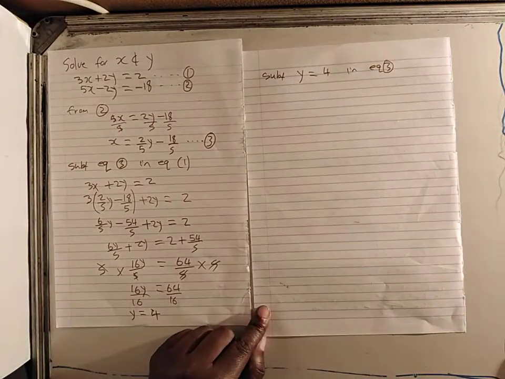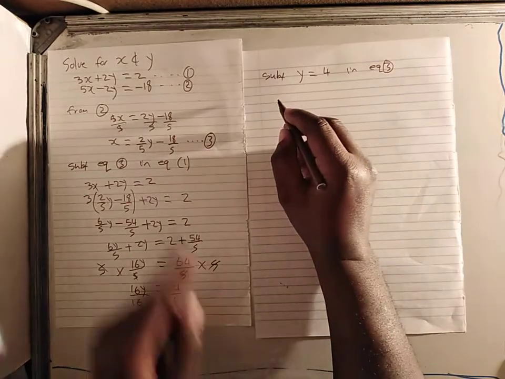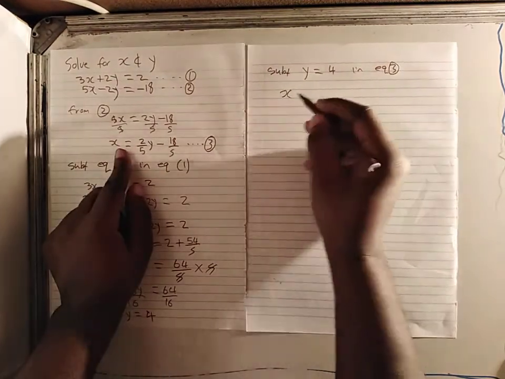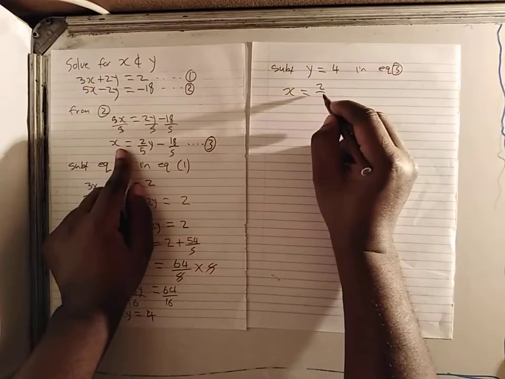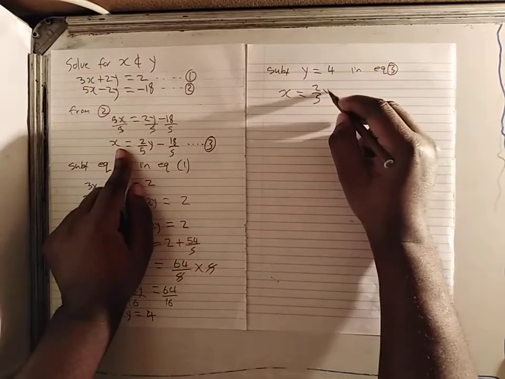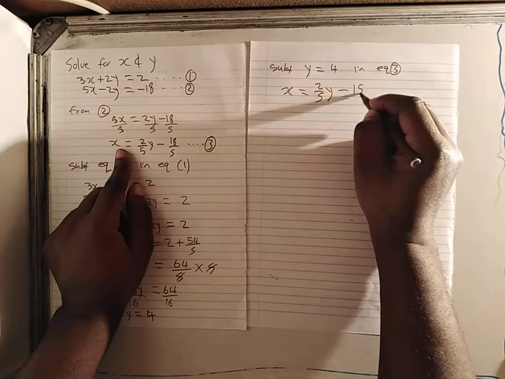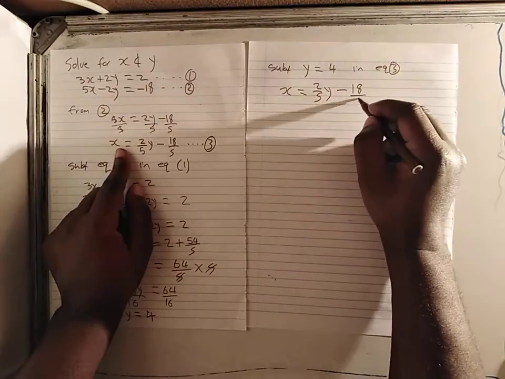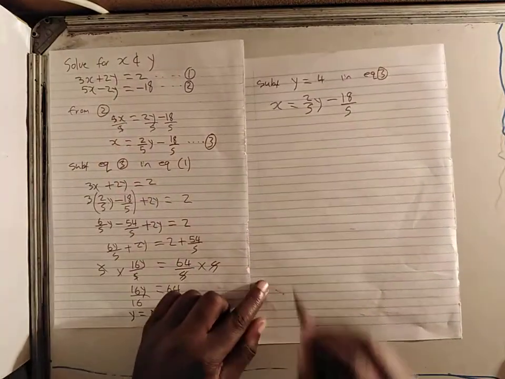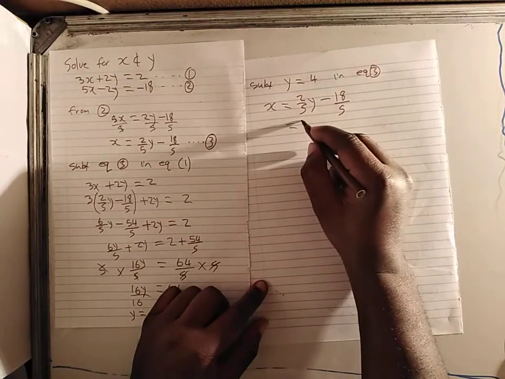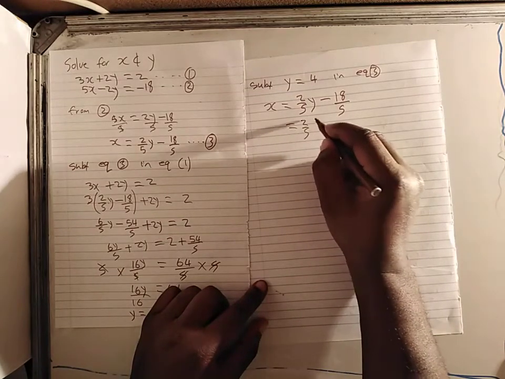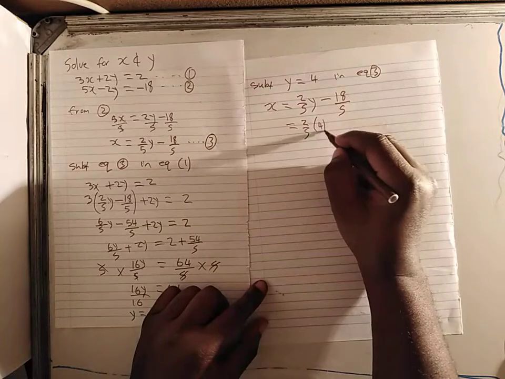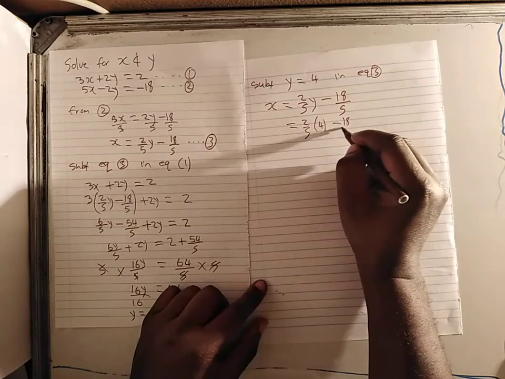What is equation 3? Equation 3 is x equals 2 over 5 y minus 18 over 5. Let's substitute. So it's 2 over 5, and then our y is 4, and then minus 18 over 5.